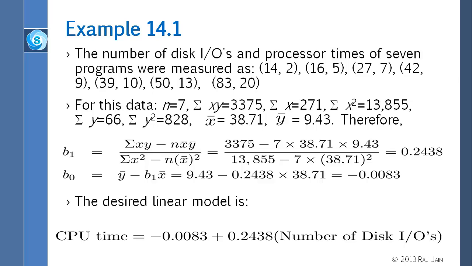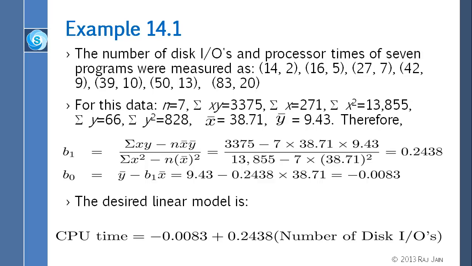So n equal to 7, sigma xy you can calculate, sigma x, sigma x squared, sigma y squared, x bar, y bar, etc. Put all those numbers in the formula, and you get b1 equal to 0.2438 and b0 equal to minus 0.0083. And therefore the model is CPU time, which is the second number, equal to minus 0.0083 plus 0.2438 times the first number.